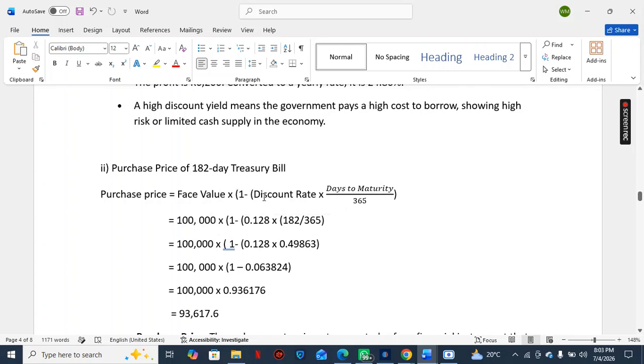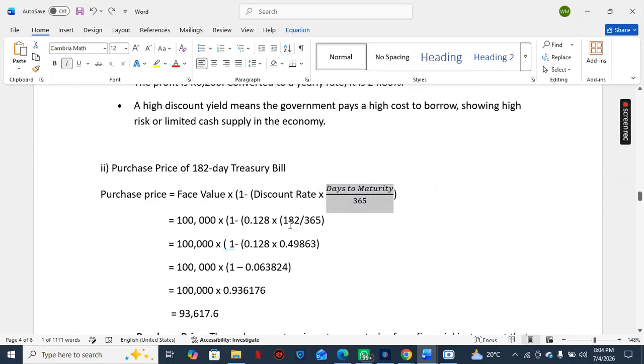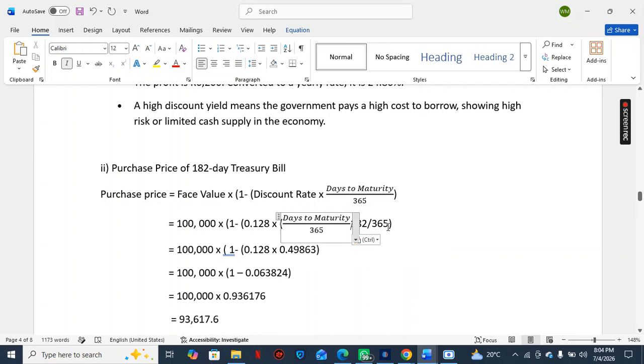The discount rate, 12.8%, which is 0.128. Then days to maturity is 182.